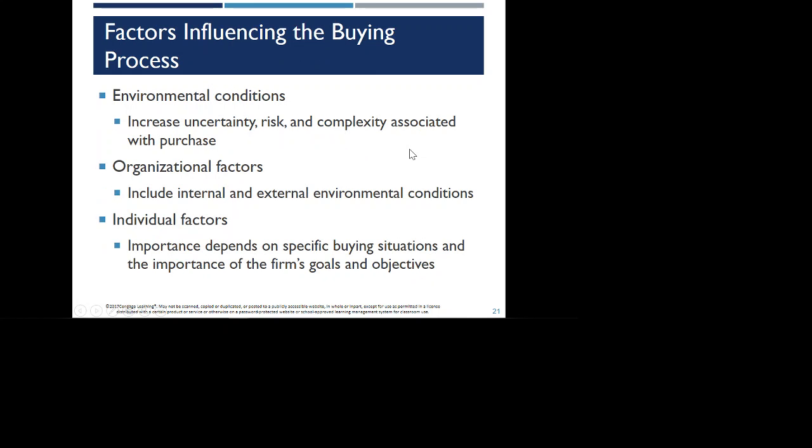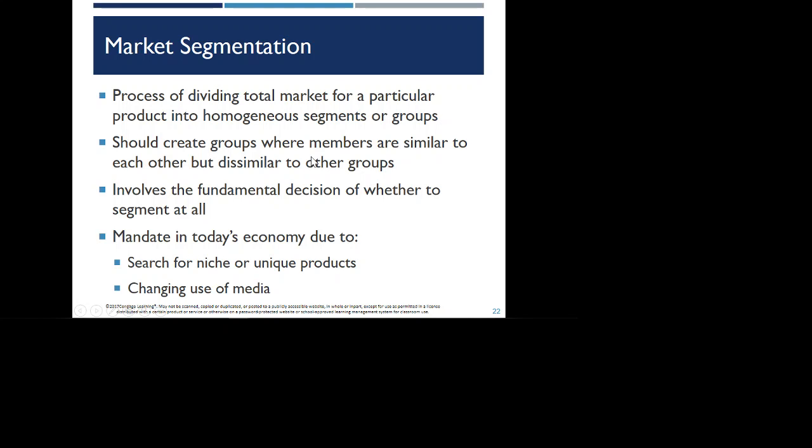Okay. Within the business buying process, there are other factors that come into play: environmental factors, things within the organization, something having to do with the individual buyers within the organization could all impact things.